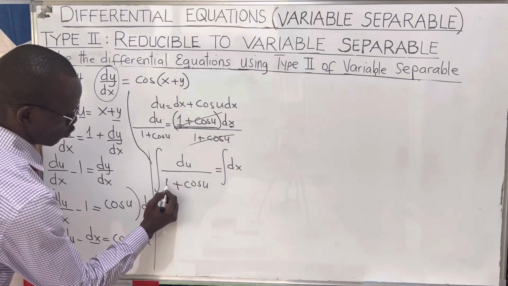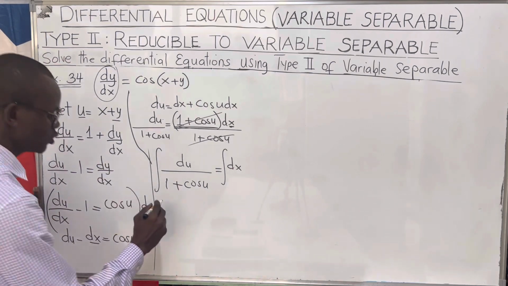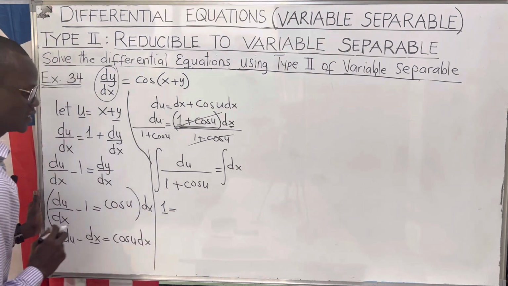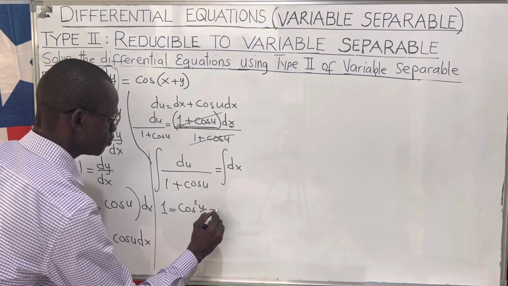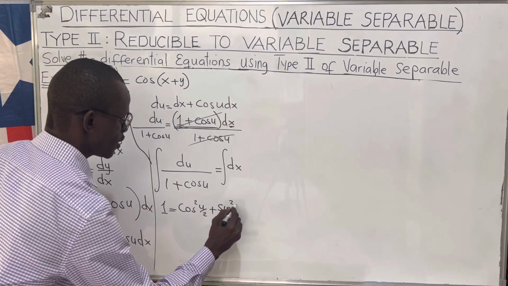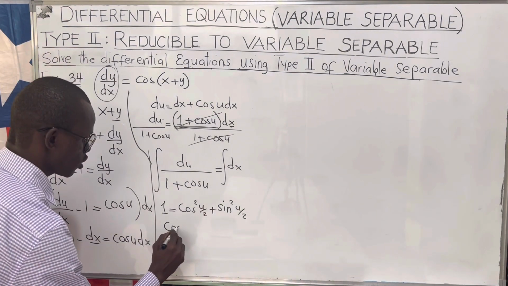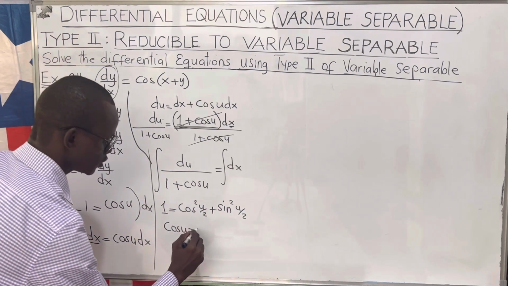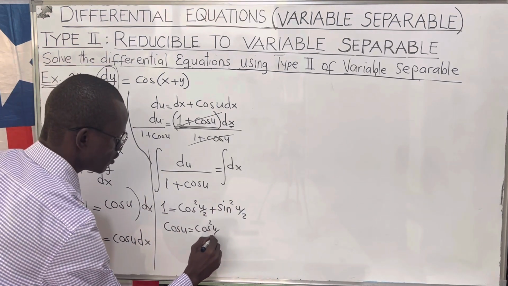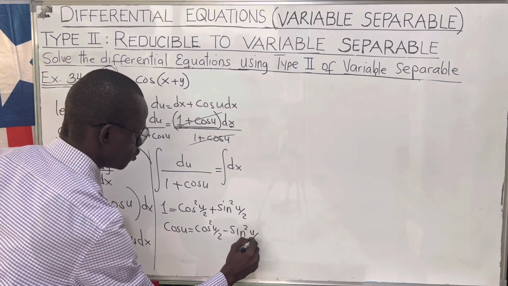Now, for 1 plus cos of u, remember in previous problems we told you to use the identities. 1 equals cos square u over 2 plus sin square u over 2. Also, cos of u is just equal to cos square u over 2 minus sin square u over 2.